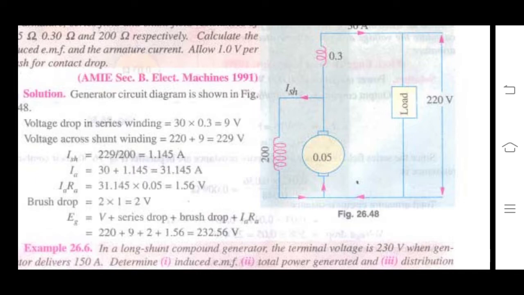Brush drop is 2 volts, and armature drop is 1.56. So it is 232.56 volts.